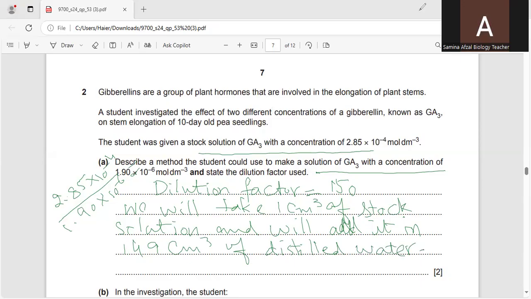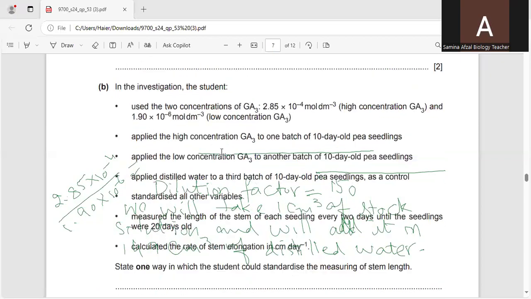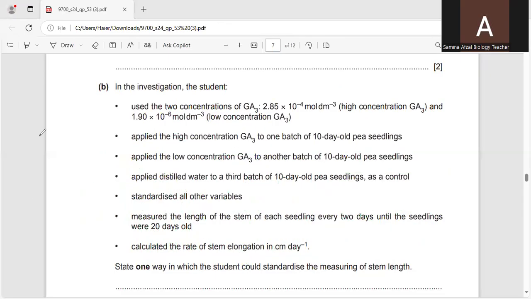And the next point is, first of all, the dilution factor is necessary, then you will be able to find out the exact amount of the stock solution to be added into the distilled water.